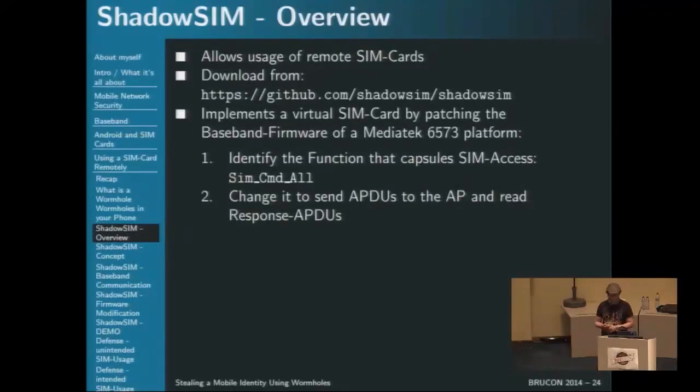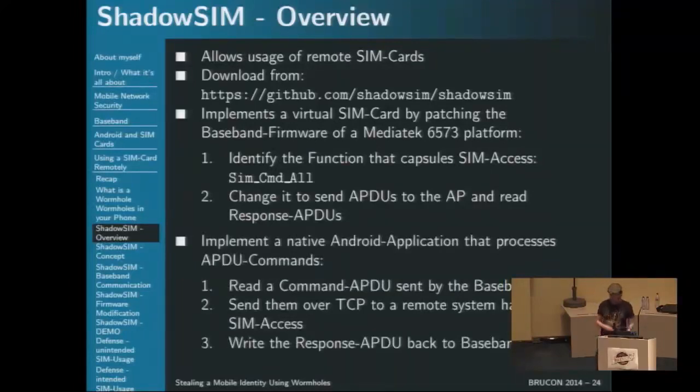widely used. And what I did is I identified a function that encapsulates the SIM card access. It's the SIM command all, and I changed it to send the APDUs to the application processor, to the Android, and read the response APDUs also from the phone.